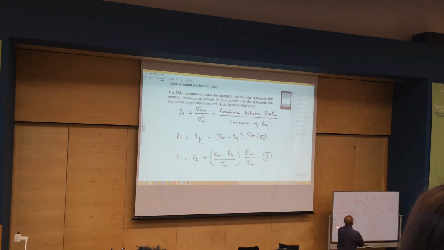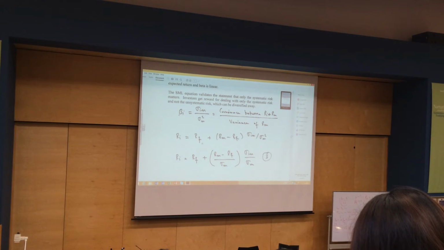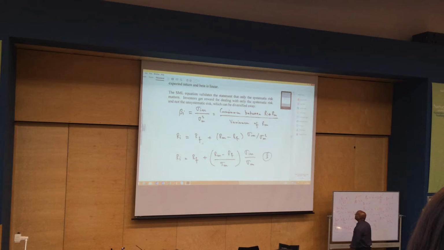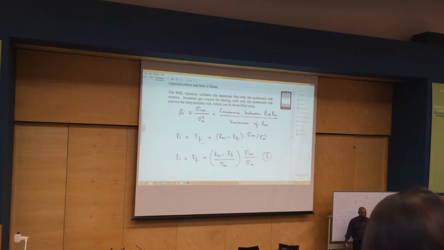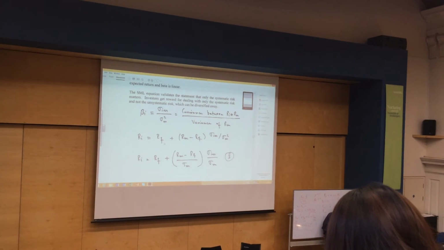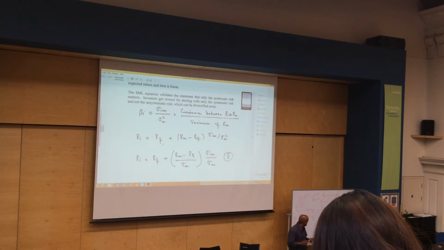Beta is equal to the covariance between risky asset I and the market portfolio, divided by the variance of the market portfolio. And this is written in mathematical terms as sigma I over sigma square M.